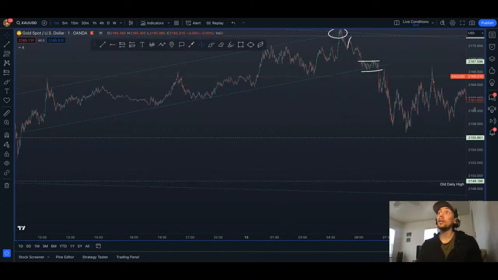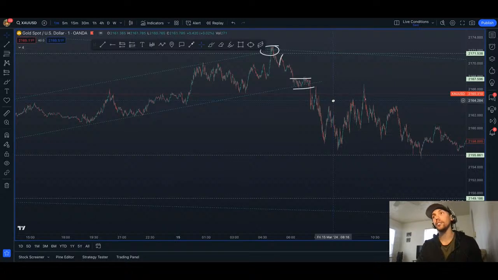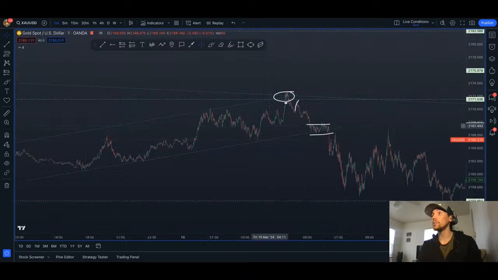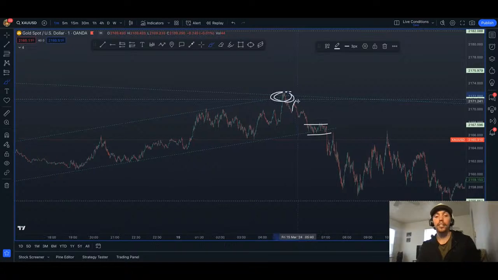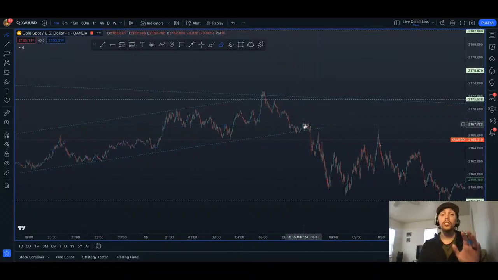Structure, but also you have to pay attention to what the bigger overall analysis, the overall time frame is. Okay, so we finally get the rejection right here. Check it out. We get the rejection, we get the push down, and then price starts its downtrend.